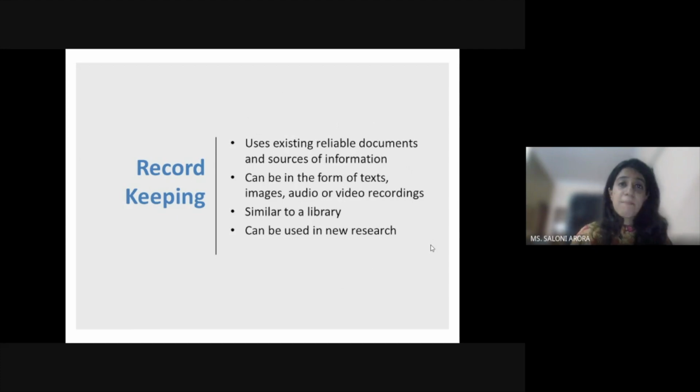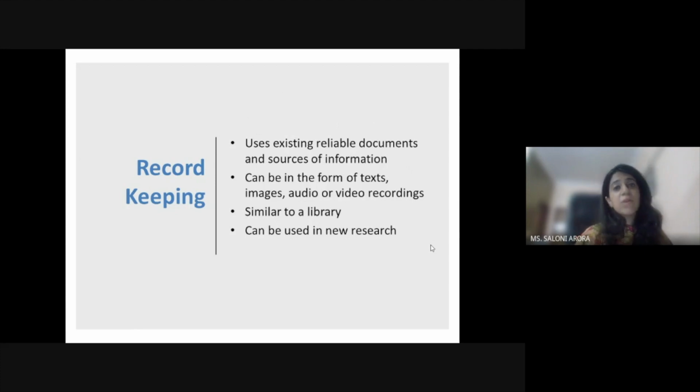Exactly in the same manner, for record keeping, we use the existing reliable documents and sources of information, and based on those sources of information, then we use them in our new research. We use them to find something new.